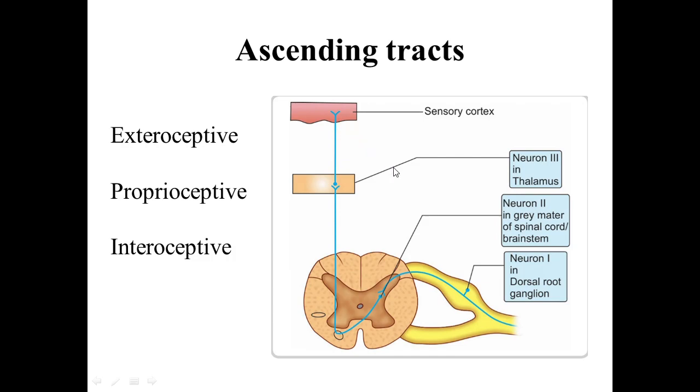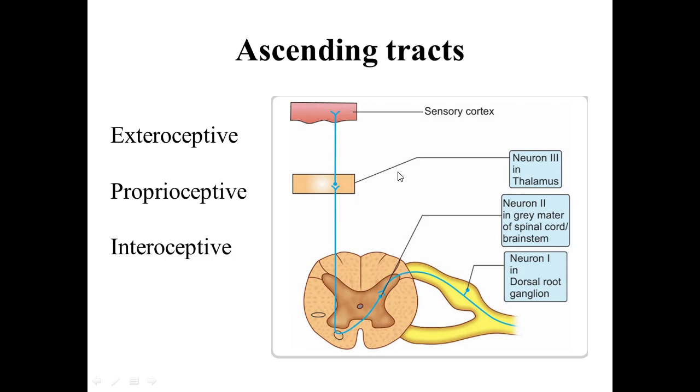So the fibers which carry the general sensations from periphery to the cerebral cortex consist of three types of neurons, that is the first order, second order and third order sensory neurons.